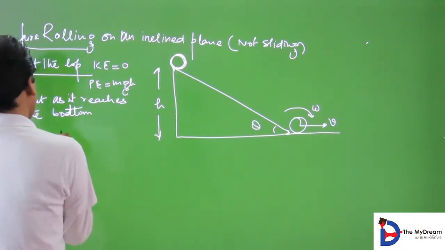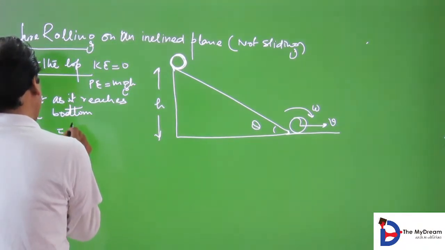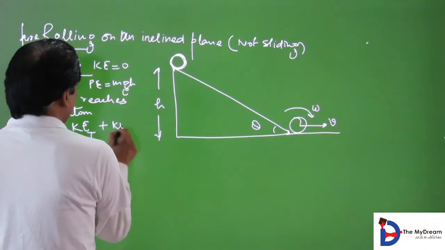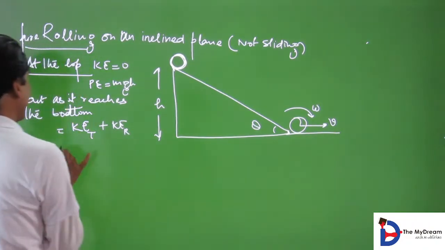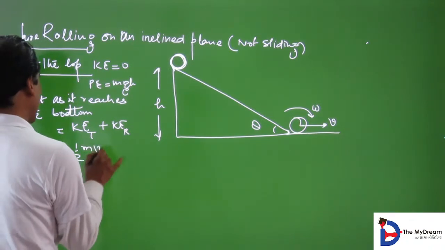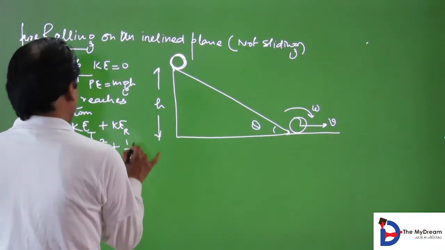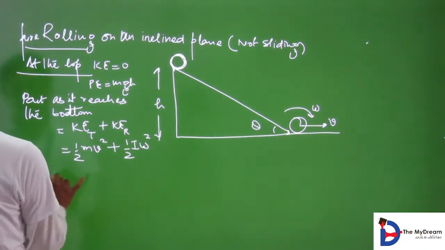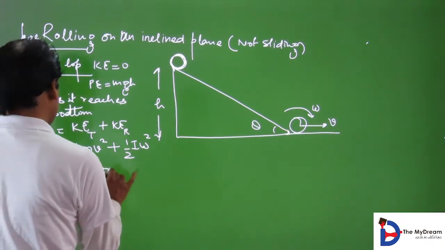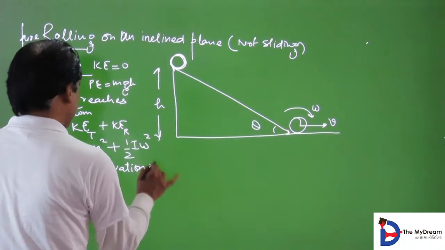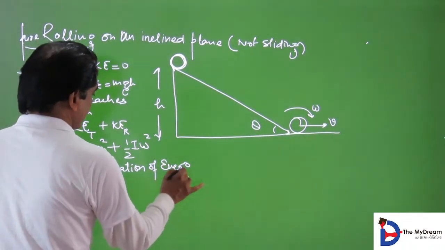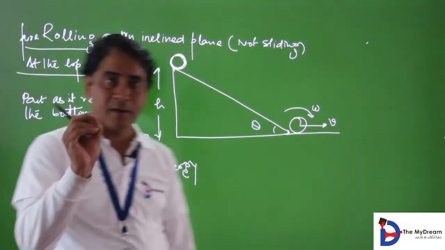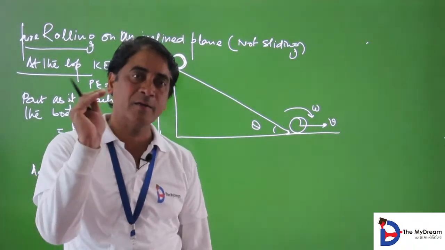So translatory as well as the rotational kinetic energy, which is given by half mv square plus half I omega square. Then according to conservation of energy, total energy at the top equals the total energy at the bottom.